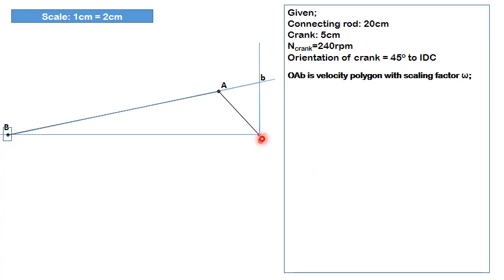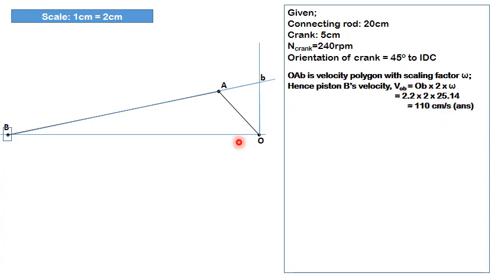That means if I have to find out the piston velocity, piston B's velocity VOB will be given as the length of OB multiplied by the scale which you have used, that is 2, and again multiplied by the scaling factor offered by Klein's construction method. So this will give you the answer, and the answer for this one is 110 centimeter per second.